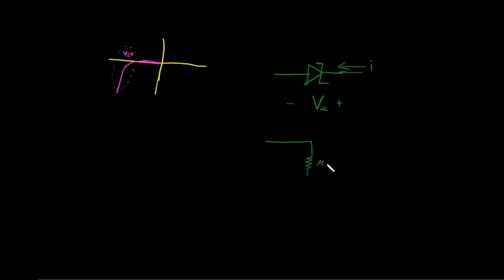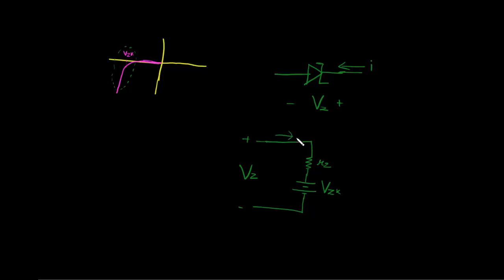This is RZ, and this is VZ0, VZK, plus minus VZ.